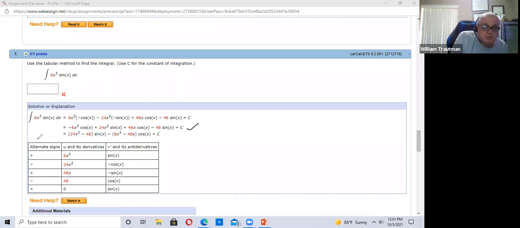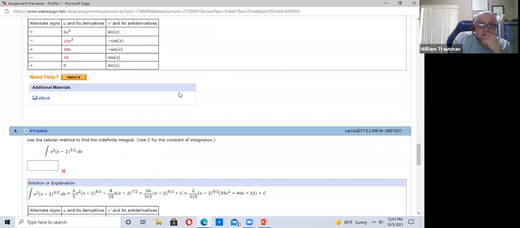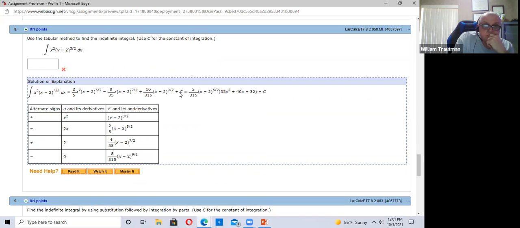This little box is really nice. Alternate signs. Find U and take its derivative as you're going down. Find a V prime or dV and integrate as you're going down. And there's another one you could take a look at. Same thing.